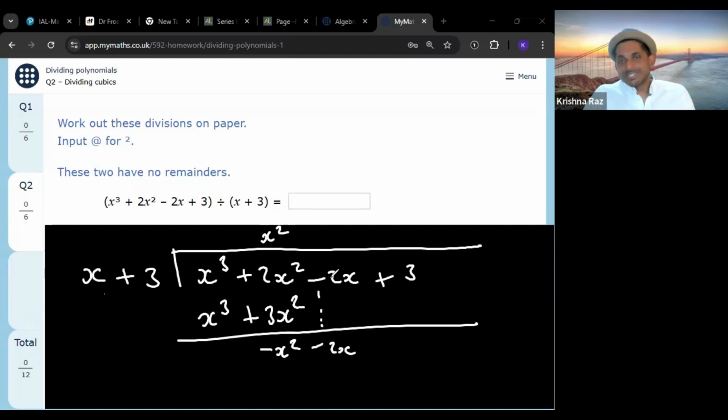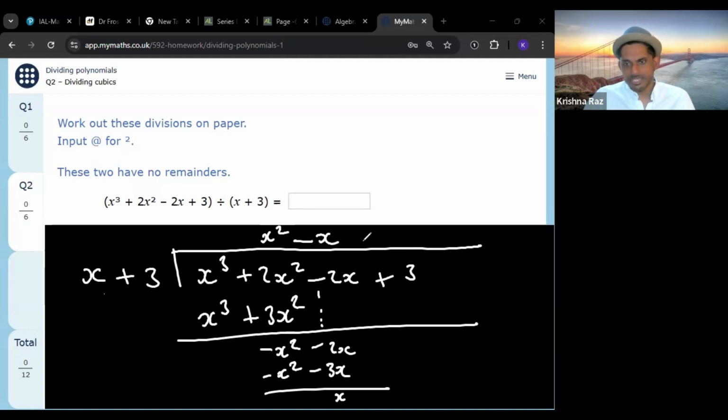How many x's go into negative x squared? Well, x times minus x will be negative x squared. So we get that bit there, and then we multiply again to generate the remainder. Minus x times x is minus x squared. Minus x times 3 is minus 3x. Now those negative x squareds will cancel, but minus 2x minus minus 3x is plus x.